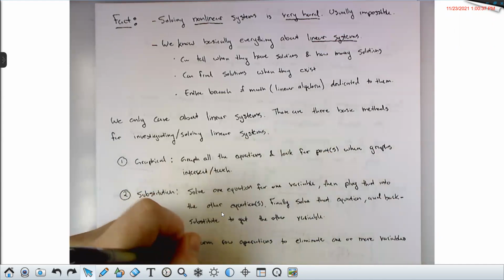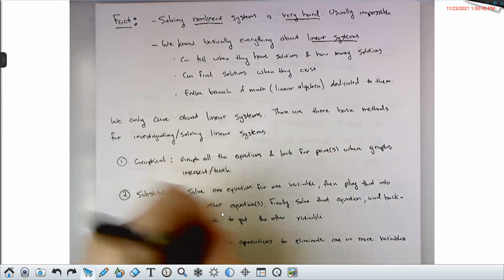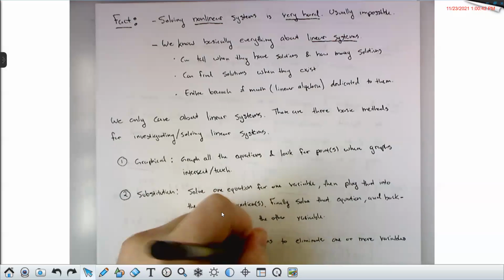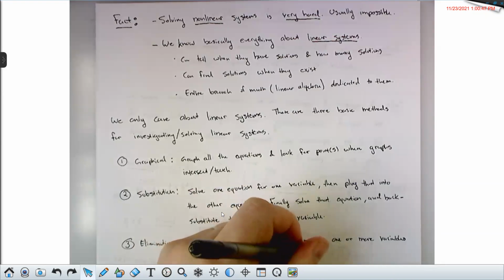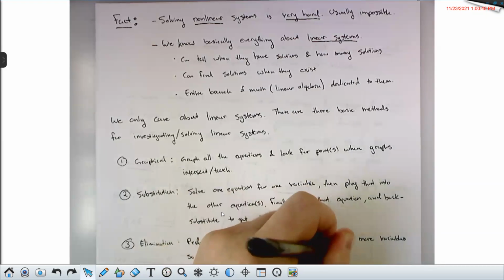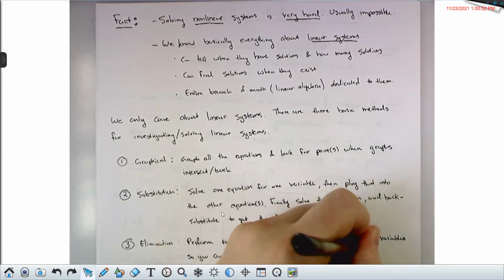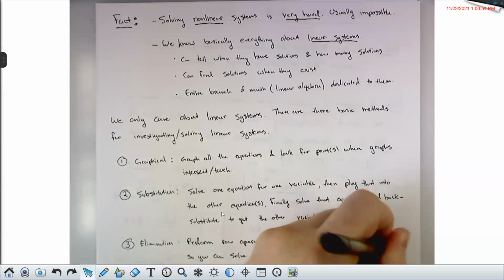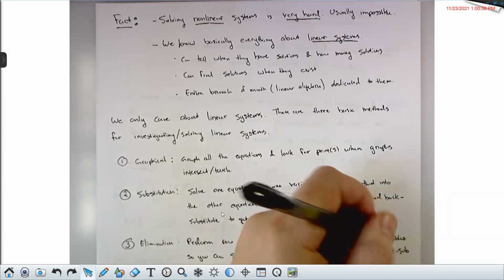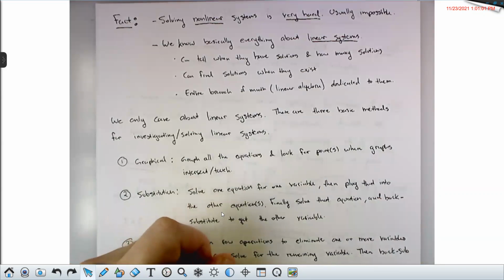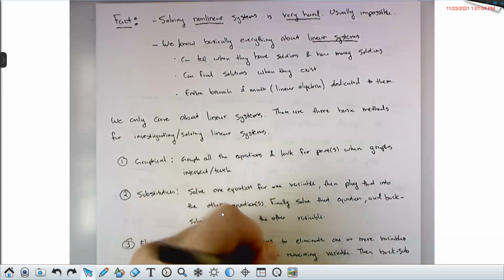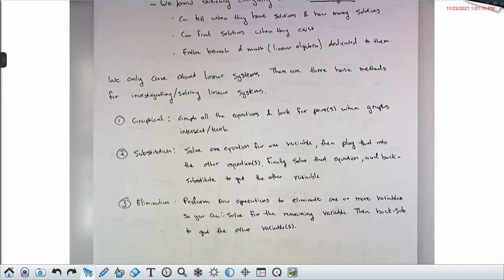So you can solve for the remaining variables, or remaining variable. Then, just like substitution, you back substitute to get the other variables. Might be 1, might be 2.